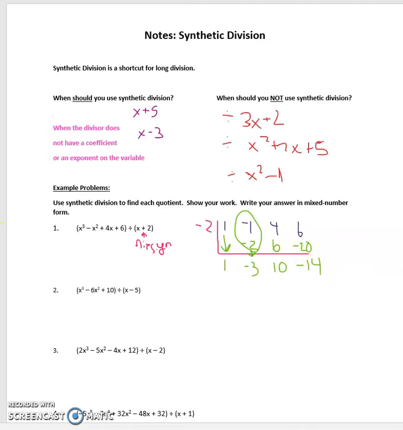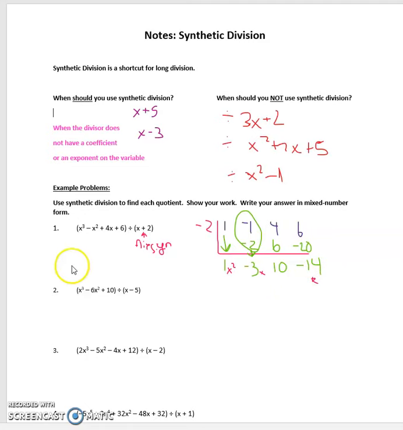So now you're probably like, well, what do these numbers mean? If you start off with your leading term as x cubed, your answer is going to be 1 less. So you're going to start off at x squared. So this is 1 x squared minus 3x plus 10, the constant, and then minus 14 is your remainder.